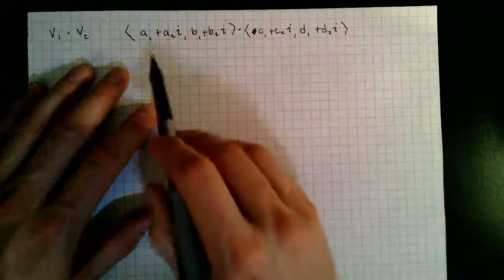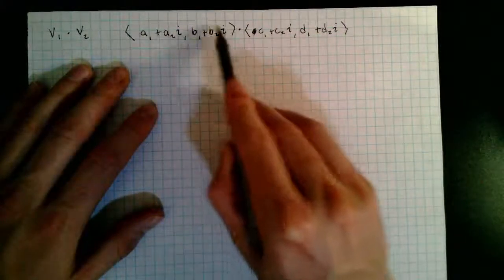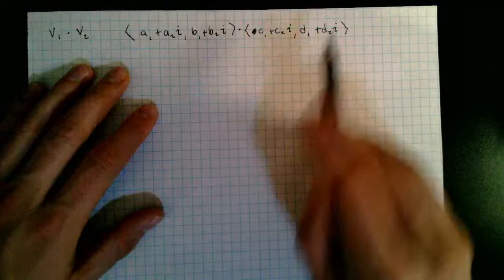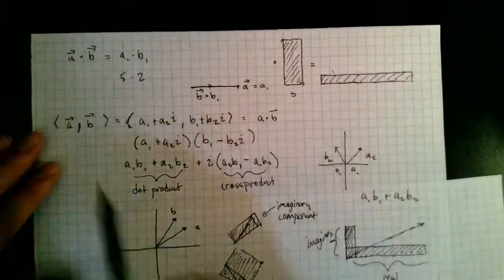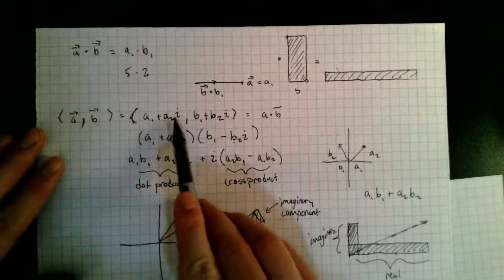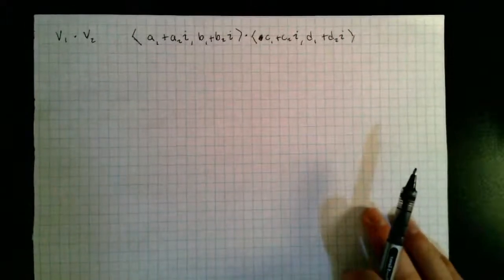So you can see now we've got two components, right? So here's component 1, here's component 2, and here's component 1, and here's component 2. Contrast that with the last video. It was just one component and then just this component. So now we have two components in each vector.